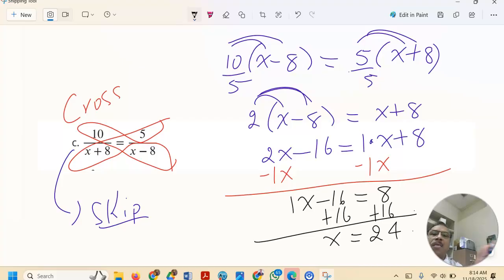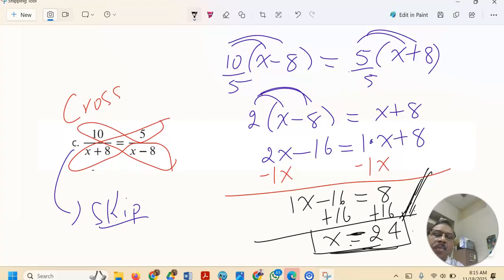I just want to make sure the steps are correct. 2x, x plus 8. Okay, so that's the answer. So you get x equals 24.